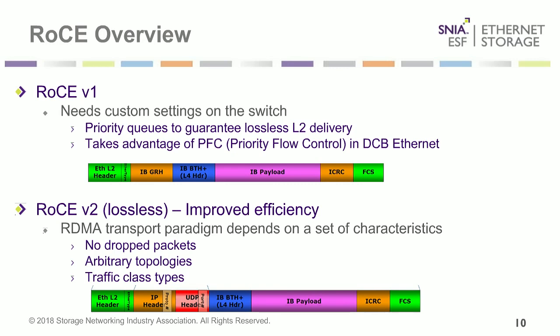ROCE version 1 is required to run over Converged Ethernet, which runs data center bridging, and data center bridging was put together to provide lossless environments for FCoE. It's important to know that ROCE v1 does not use standard IP headers, so it cannot be routed through standard IP routers.